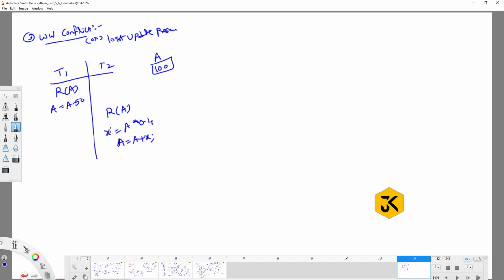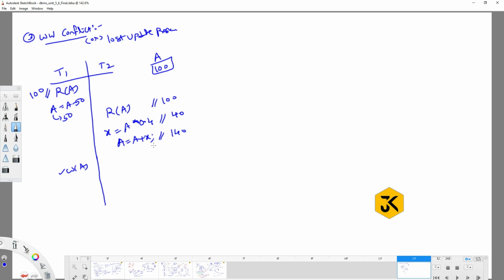Now, if I perform write of A, what is going to happen? At this particular step in the RAM, we get the value 100, and it is going to be 50. The A variable now contains 50. It is not updated in the local yet; it is updated only when the write operation is executed. Now what value do you get here? 100, then 100 * 0.4 is 40, then it will be 140.